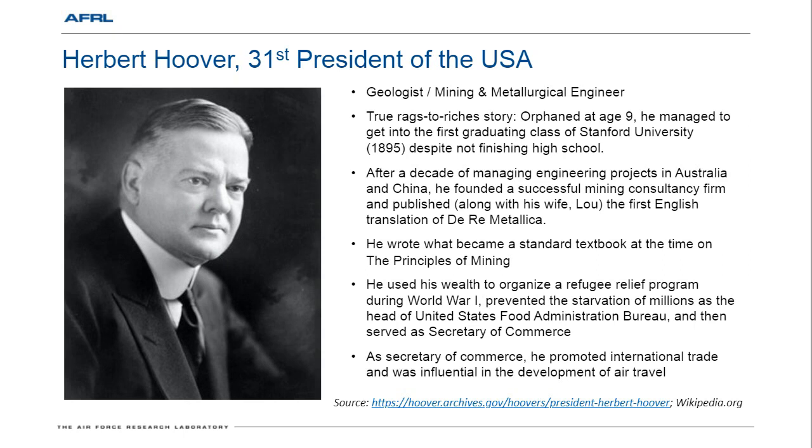He managed engineering projects in Australia and China, founded a successful mining consultancy firm, and he wrote what became a standard textbook at the time on the principles of mining. He used his wealth to organize refugee programs during World War I, preventing the starvation of millions as the head of the United States Food Administration Bureau.